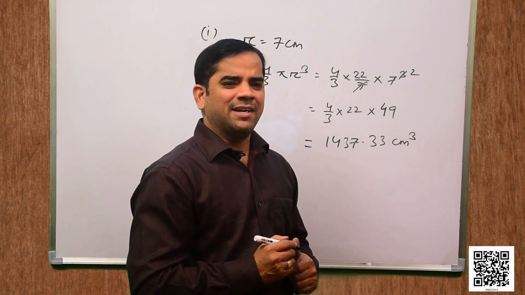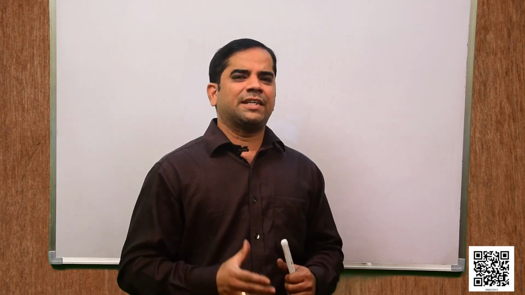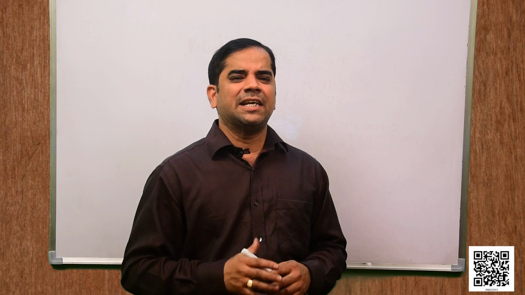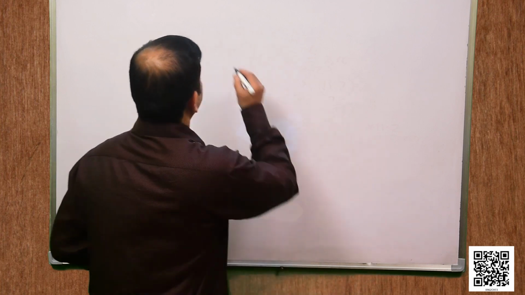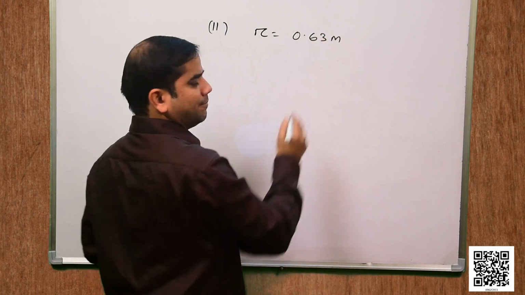Hope you understand. Now, let us go for the second bit. Students, for the second bit, the radius is given as 0.63 meter. So, r is equal to 0.63 meter. Fine.